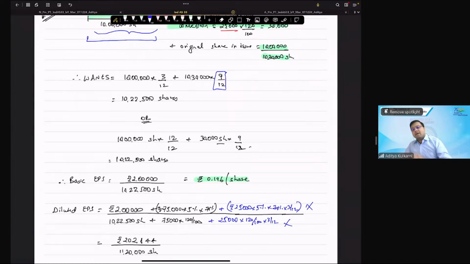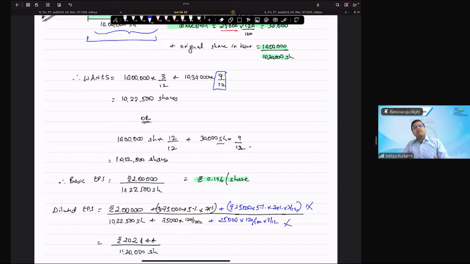So in the absence of information, it is assumed that the conversion has happened on 1st January itself, and therefore these shares were present as equity shares for the entire period, and therefore the calculation is presented as below. Is it okay? You can assume this. Alternatively, you can assume they were converted at the end of the year on 31st December.